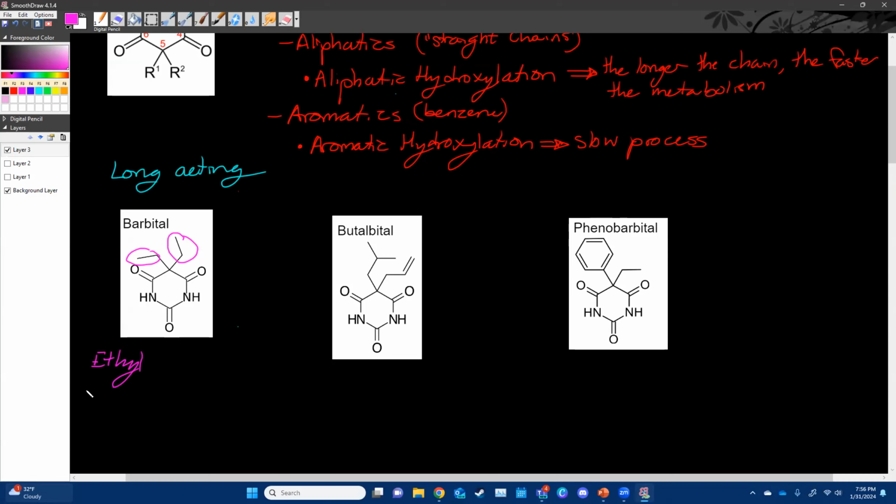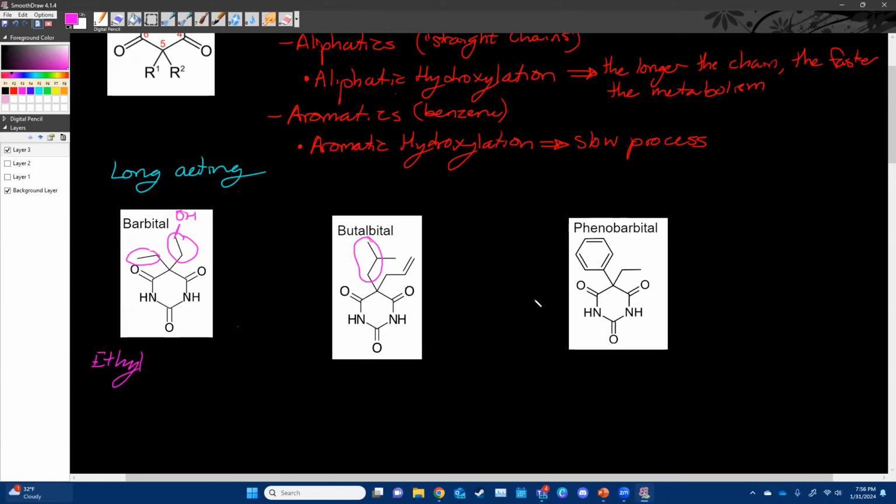So what we end up getting here is a long metabolism as the body tries to stick an OH on our ethyl group. It's very tough for it to do it. Compare this with butalbital, which really is the same sort of thing.